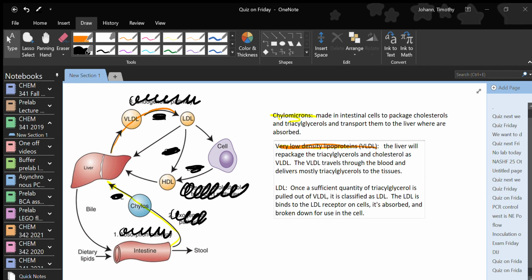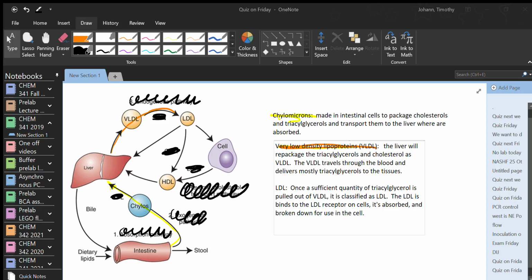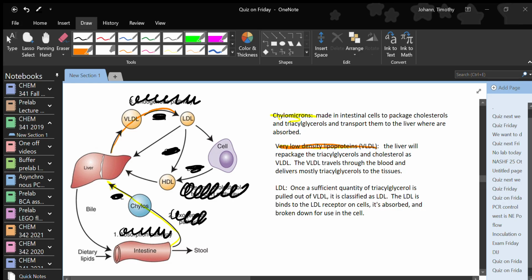Okay, and then it's going to be broken down for use in the cell. All right, and so that's here.